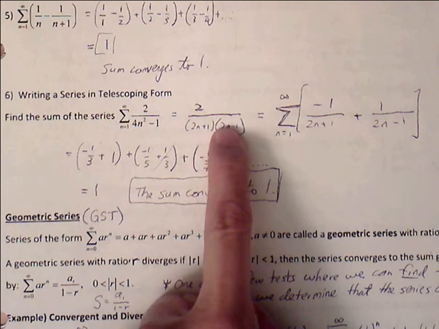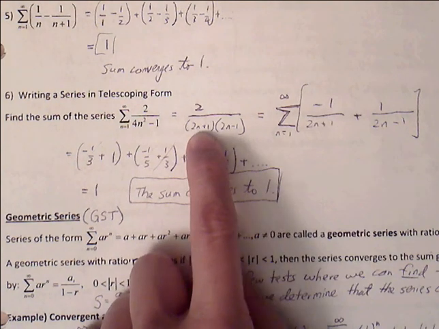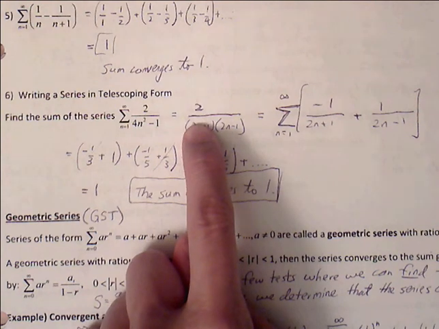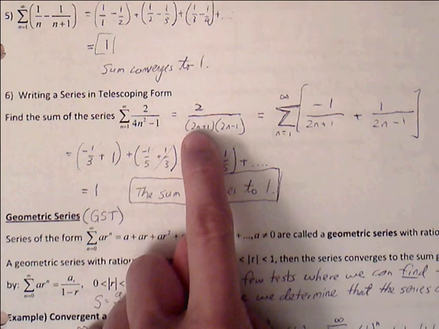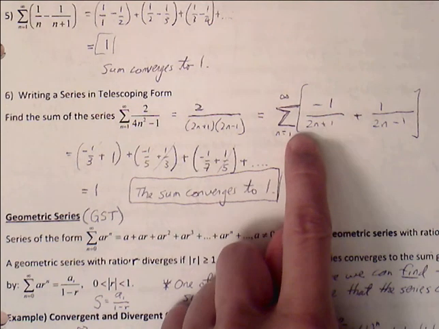So 2 over negative 2 will just give us negative 1. And so that will be the value that we put in the first fraction. Okay, and we ignore this 2n plus 1 because this has already been covered up using the n value that causes it to go to 0.